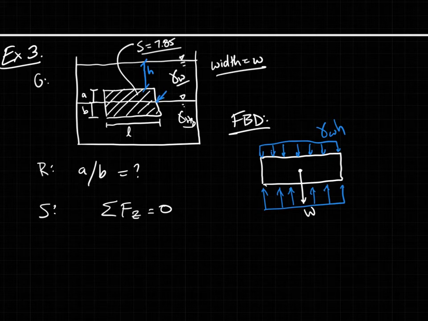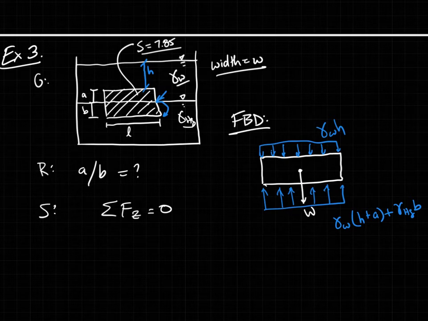So that would be gamma water, and that depth would be H plus A. And then I would have to add the gamma of mercury times B. So from this point on, I would add whatever it takes to get to there. This would be just like a manometer, essentially. But we're not going to do it that way. You could do it that way. Maybe we'll hold on to that and do it again.